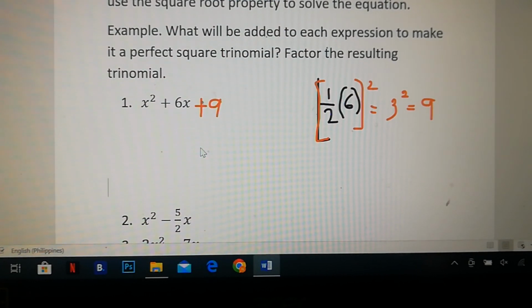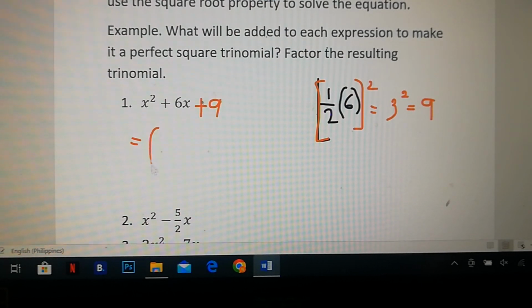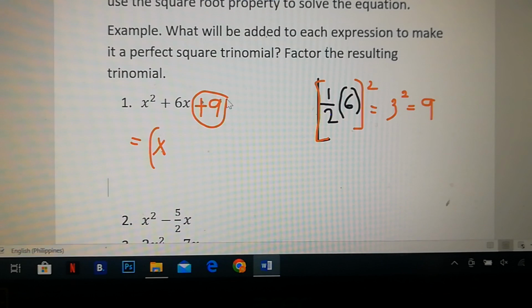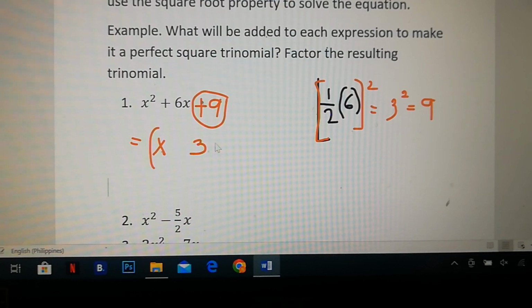So that is now x squared plus 6x plus 9. It is now a perfect square trinomial. Then factor the resulting trinomial. What are the factors? The square root of x squared is x, and the square root of 9 is 3.